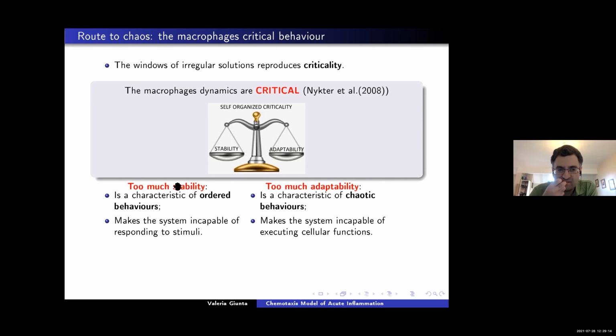But in this case, stability has a different meaning. Here, stability means that the living system wants to be ordered, wants to keep its ordered structure. It's not the mathematical stability here. I see. But again, it has to be reflected in the dynamics somehow, right?